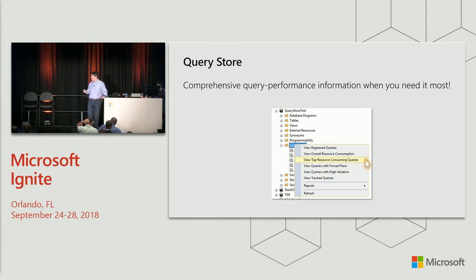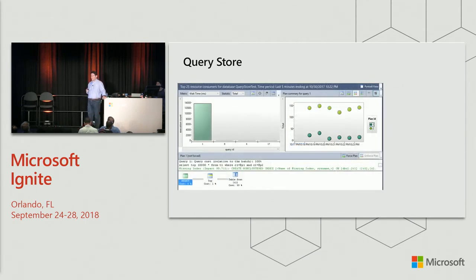So if I click, for example, on the top resource consuming queries, I have this kind of visualization here. I can see this query right here, and I can see the query plan. So if you're interested in analyzing the query plan, you have it right here. But I can also see that this query has 2 plans in the cache. So I'm able to see that plan number 1 consistently behaves better, because I can see in that chart that it has lower execution times than plan number 2.